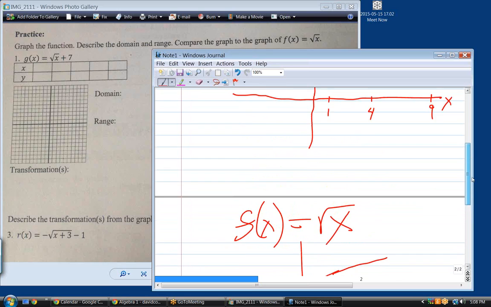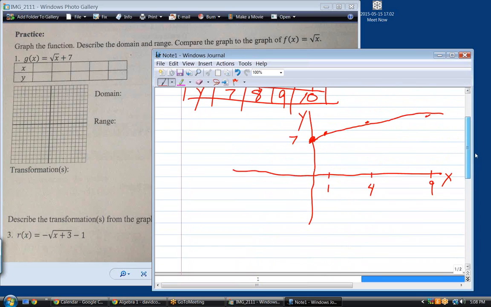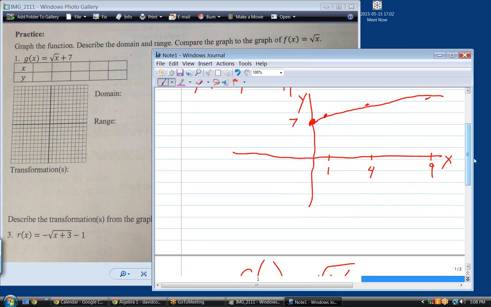This function looks very similar to that. The only thing is it doesn't start at the origin. So what is this function relative to the elementary function? If the elementary function looks like this, and this function looks like this, what has happened? What have I done to this function?